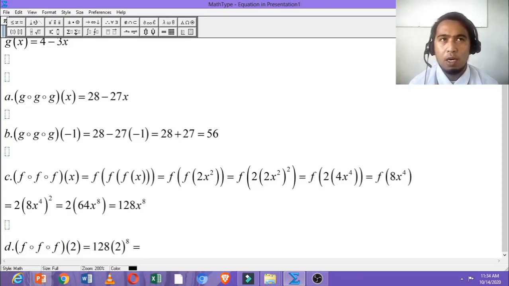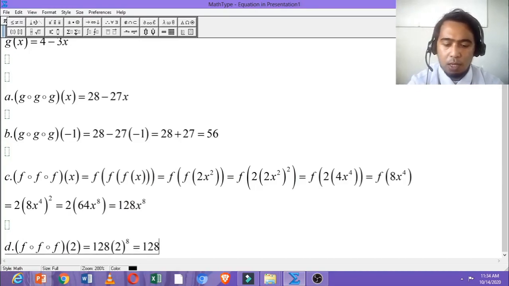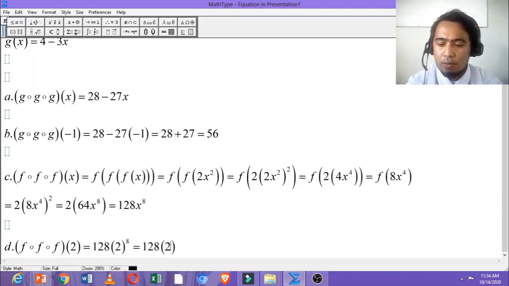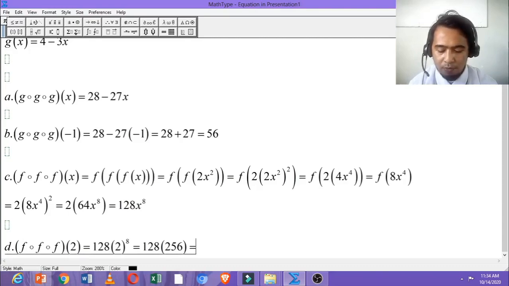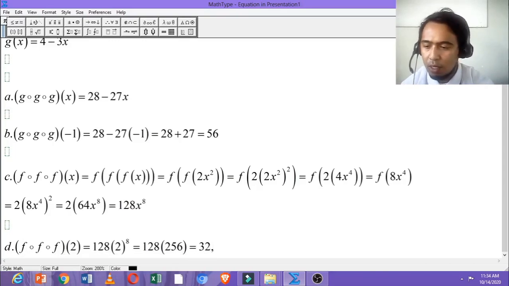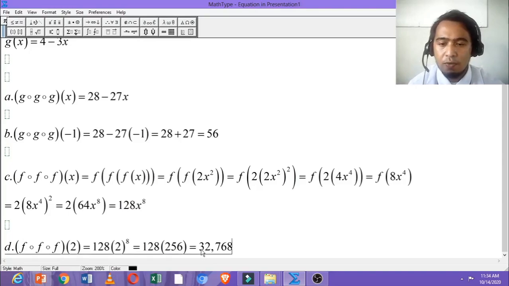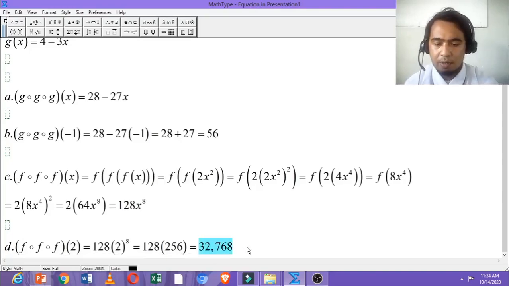That will give us 256. So you will have 128 times 256, and if we simplify that, that will give us 32,768, and that is the answer for letter D.